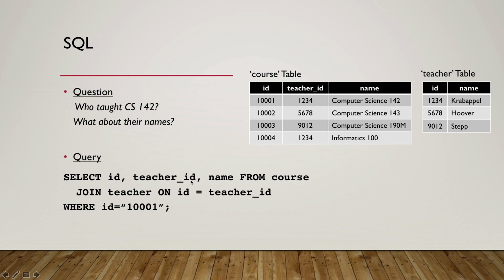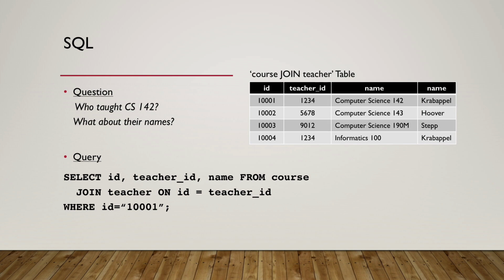Now by joining these two, I've actually created a whole new table where these two are merged, where the information from the teacher table has actually been brought in and inserted into this table. This table doesn't exactly exist anywhere, but we can see what it would look like. The table would essentially start to look like this once we've joined course and teacher. There's now a new column called name that includes the teacher names.